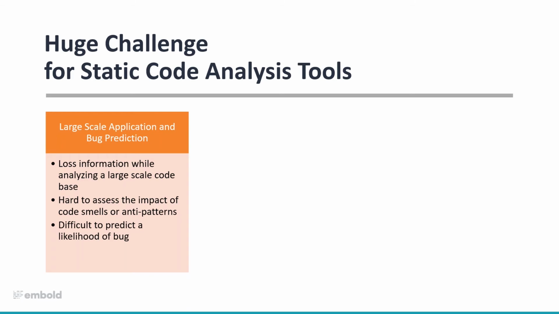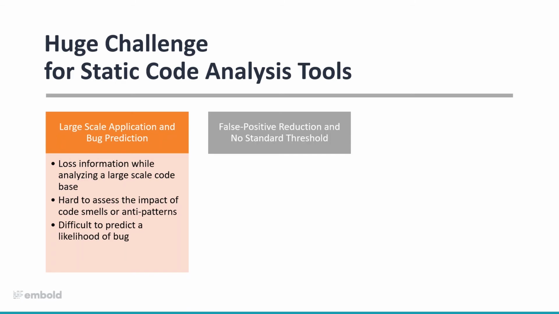And the other thing is that it's really hard to predict bugs. So for example, if a part of the code really produces bugs, and we try to fix this part of the code, will it make the code buggy in the future or not? This is something that we miss, or a huge challenge faced by static code analysis tool providers.